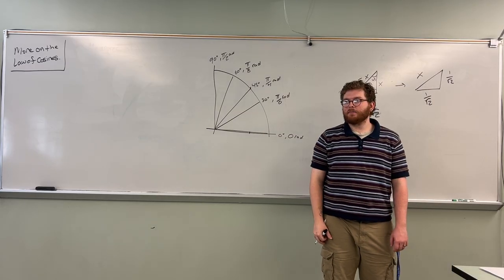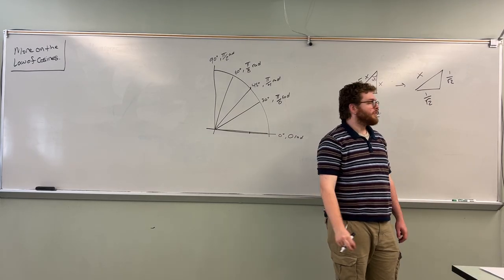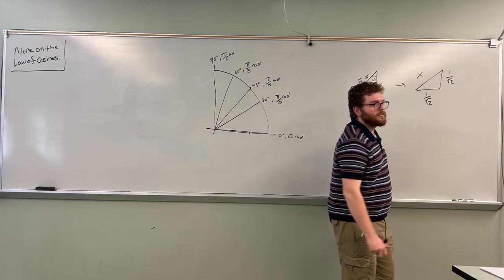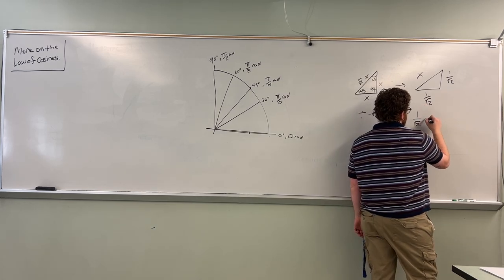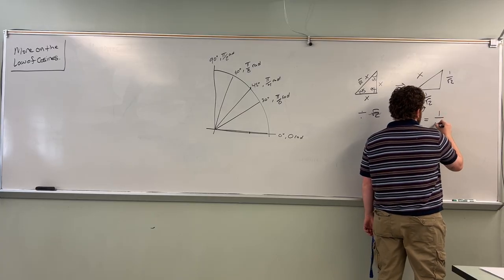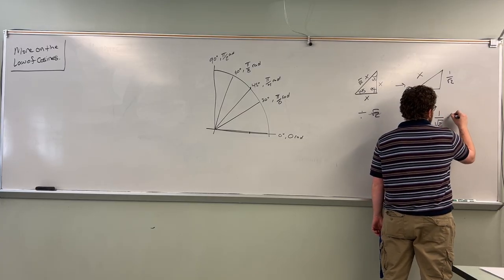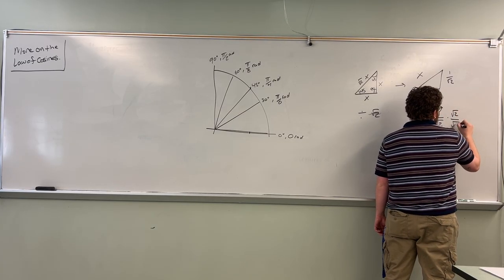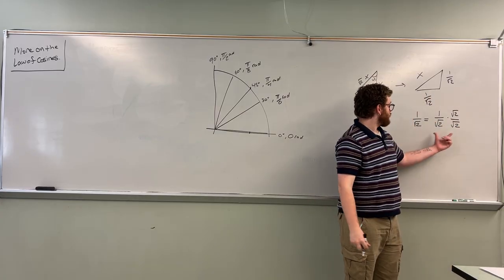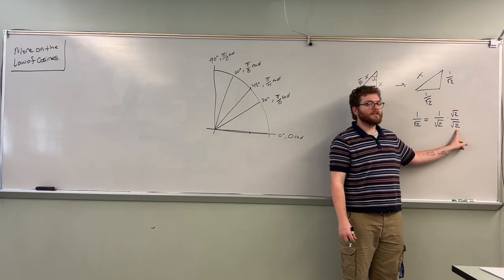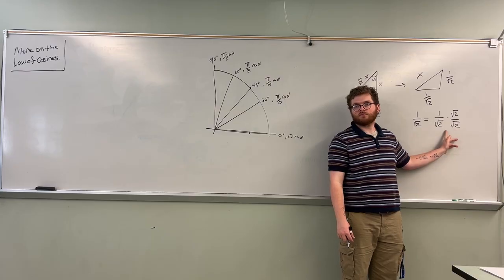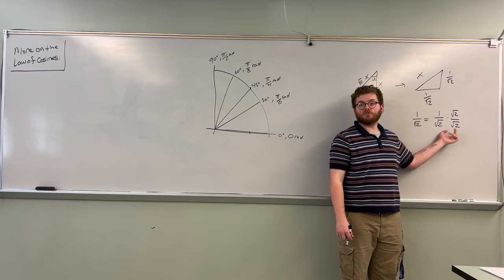One thing that we may or may not remember from algebra is how to rationalize something like this. 1 over the square root of 2 is equal to 1 over the square root of 2 times root 2 over root 2. Why is this true? What is this right part equal to? What is anything times 1? Same thing. So all I've done is I've multiplied by 1.